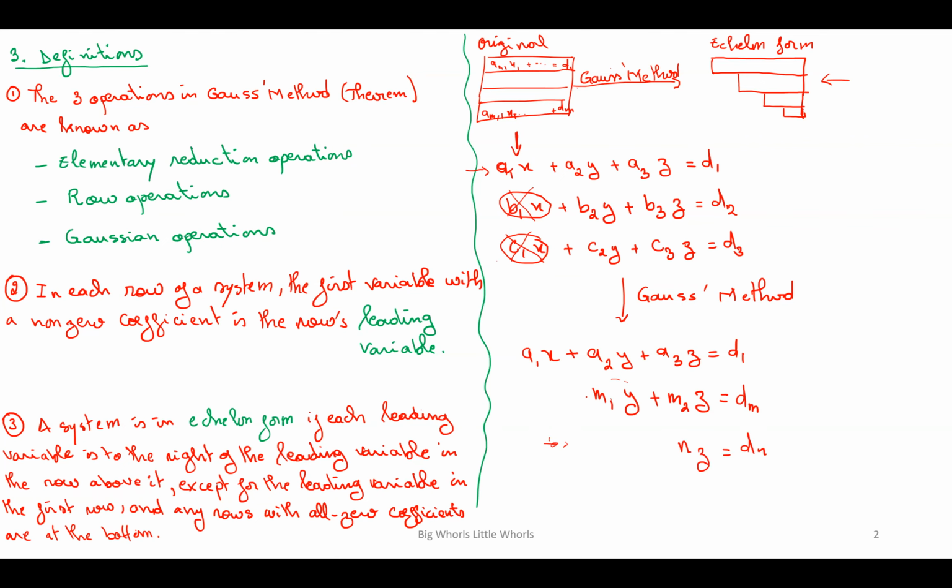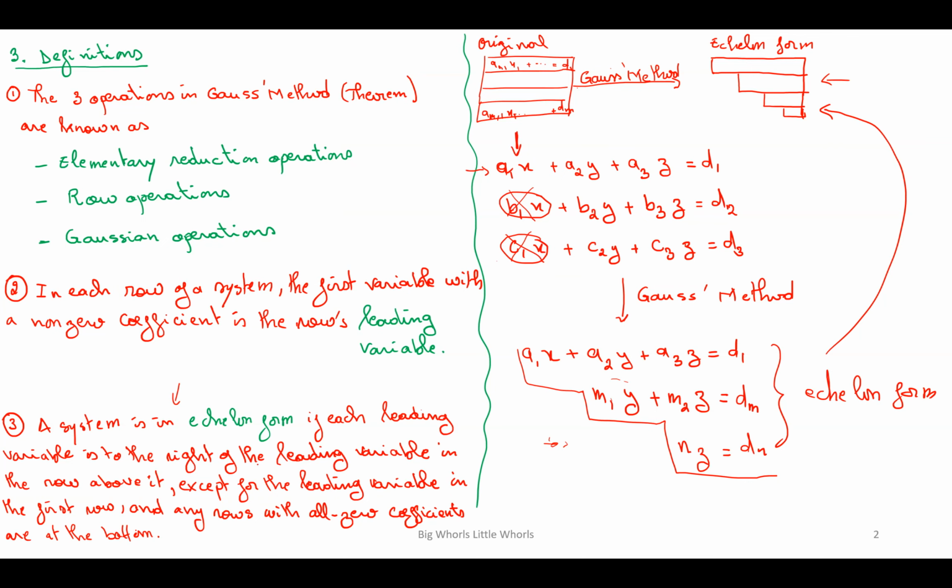So as you can see, as our definition here, that's what I want to illustrate. This is our echelon form, and as I said, it looks something hierarchical.